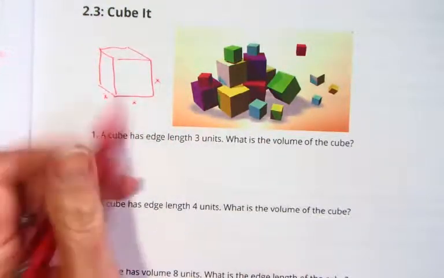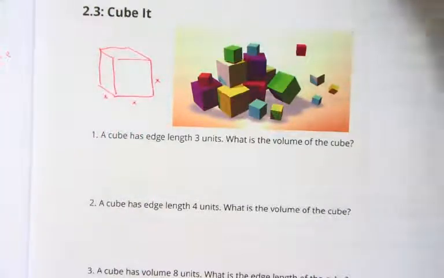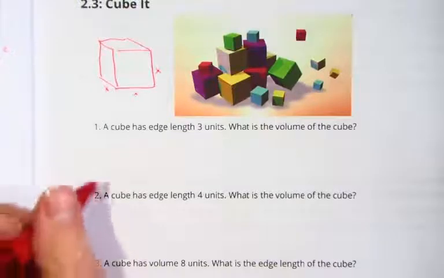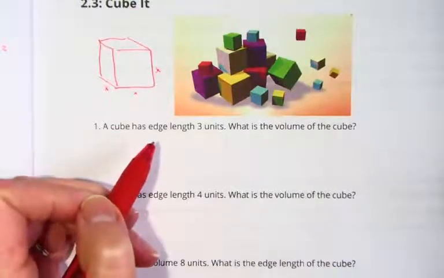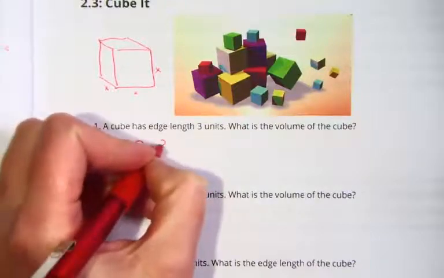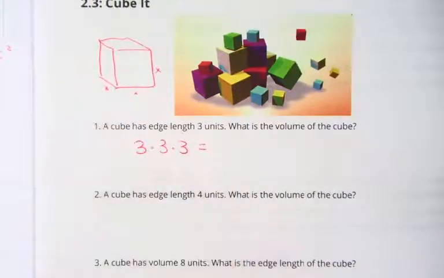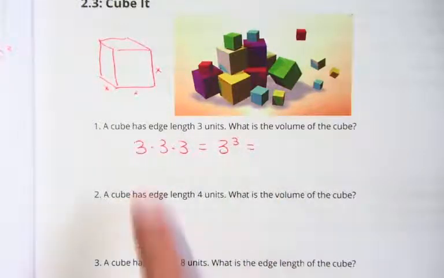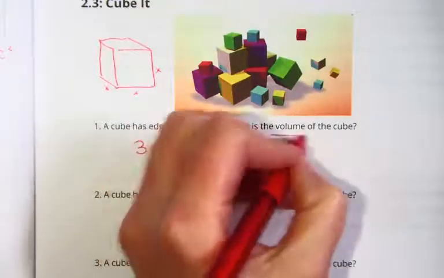When we have something to the 3rd power, it's because cubes have 3 dimensions, all the same size, the same length. So if a cube has an edge length of 3 units, the volume of the cube is length times width times height, also written more simply as 3 to the 3rd power. 3 times 3 is 9, times 3 is 27.